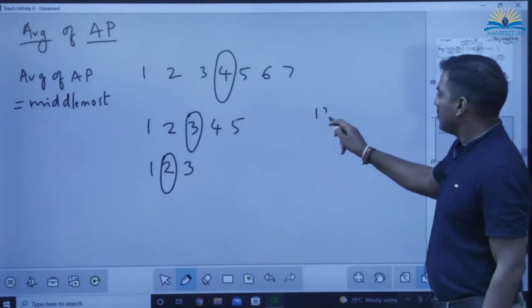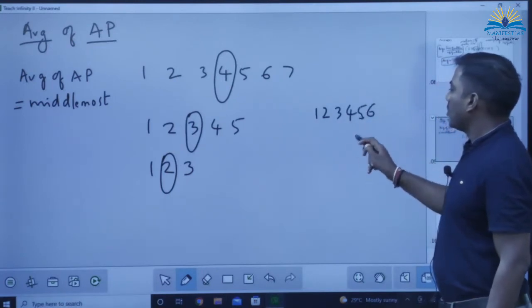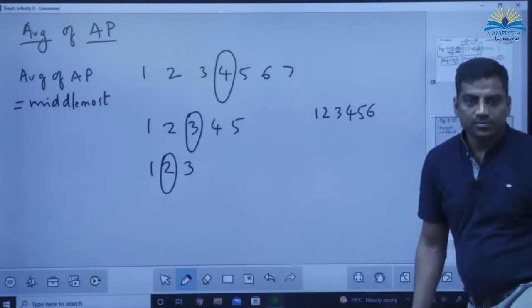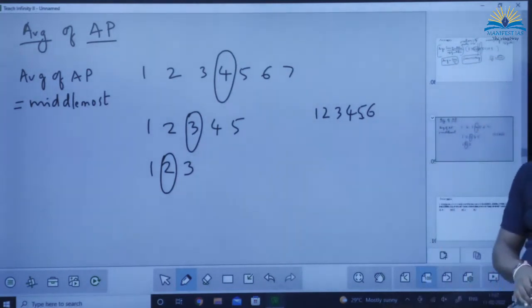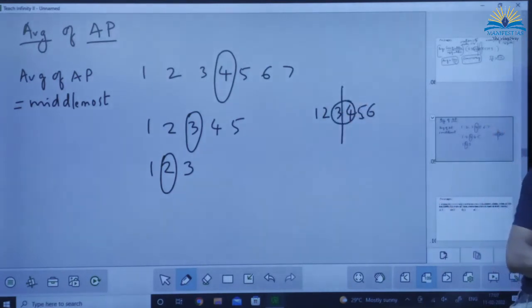For example, 1, 2, 3, 4, 5, 6. What is the average? 3.5. Can we mark any number as the middlemost? We can mark two numbers and take their average.